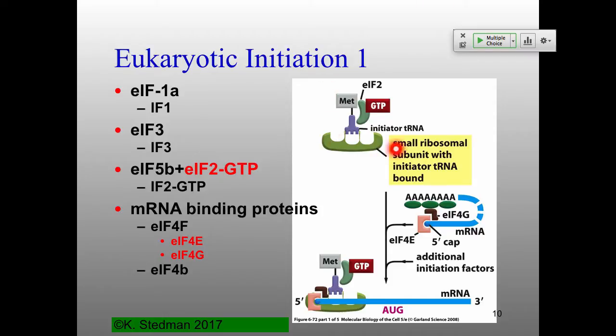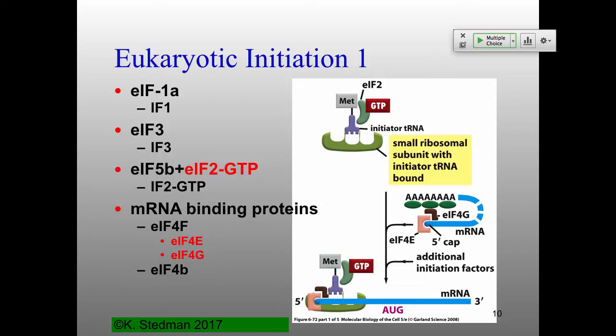You actually start out here in eukaryotic systems with a small subunit of the ribosome already bound to the homolog of initiation factor 2. Now here, little e in any of the systems just stands for eukaryote. So eukaryotic initiation factor 2.